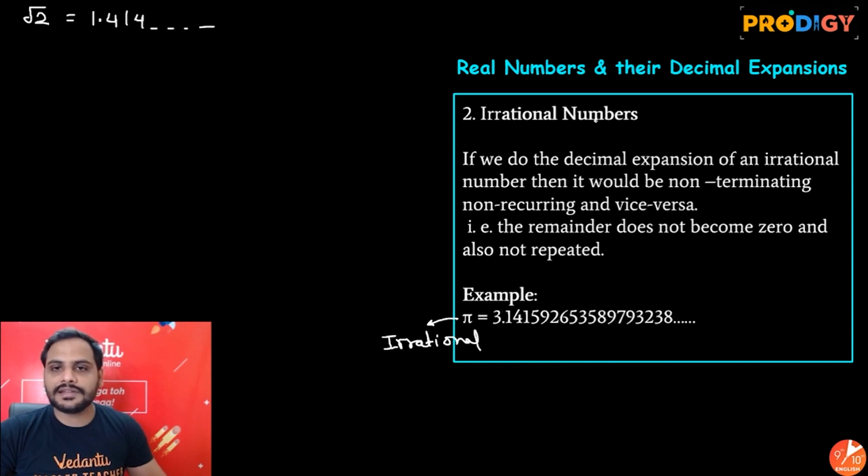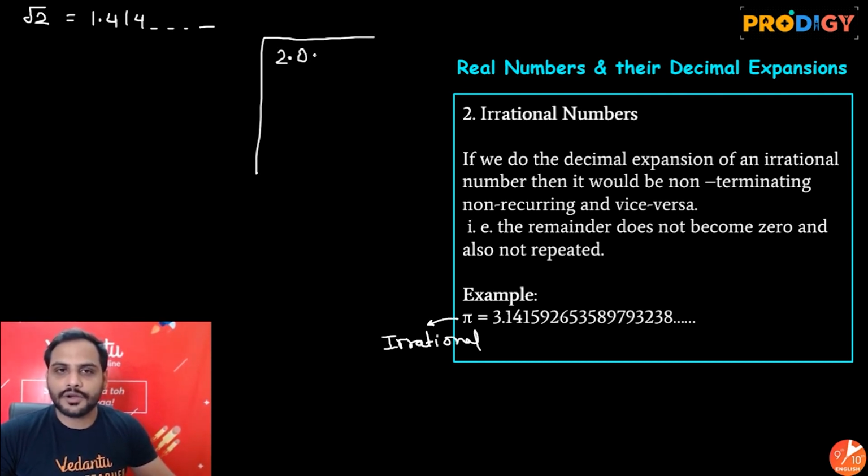So remember, in case of an irrational number, if you find the decimal expansion, remember in grade 8 you learned how to find the decimal expansion of say root 2, root 3 by the long division method. You used to do 2.000000 like this, and in pairs you used to do it, that long division method was there. So you found the value 1.414 and something, it will keep on going.